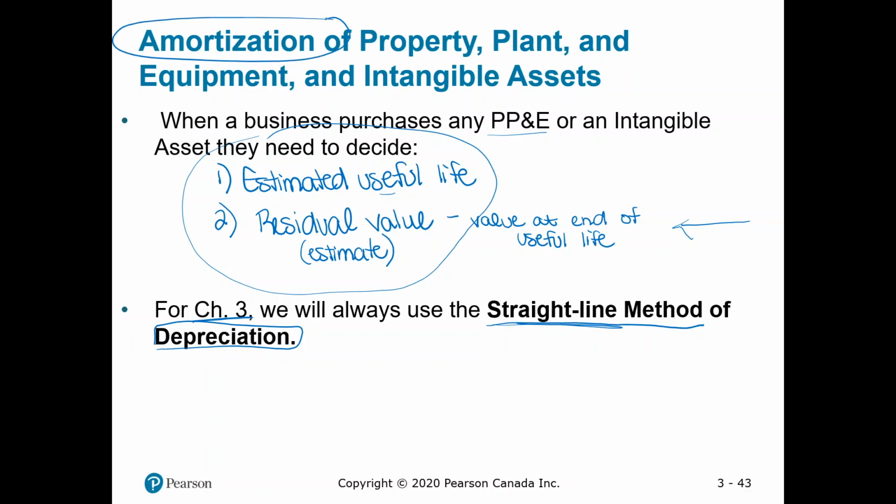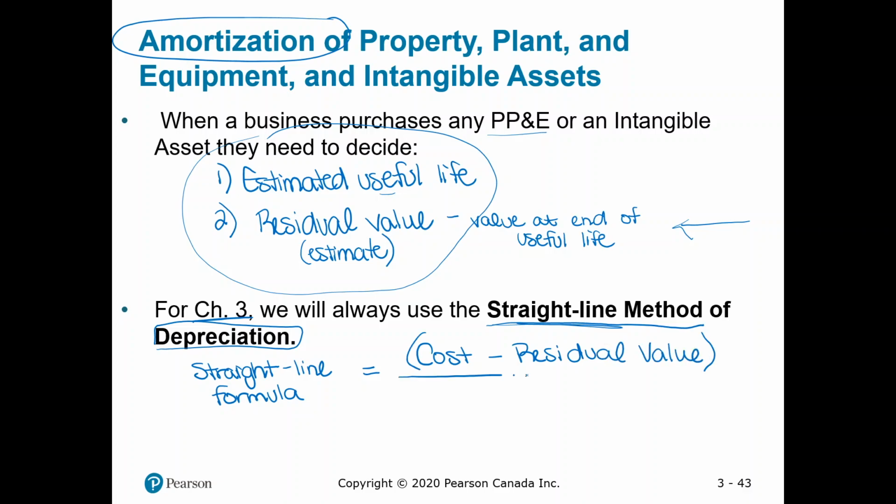So they mean the same thing. You could use either. So for this chapter, the straight line formula that we will use to figure out how much amortization to record each year is equal to the cost minus the residual value and you divide that by the estimated useful life.